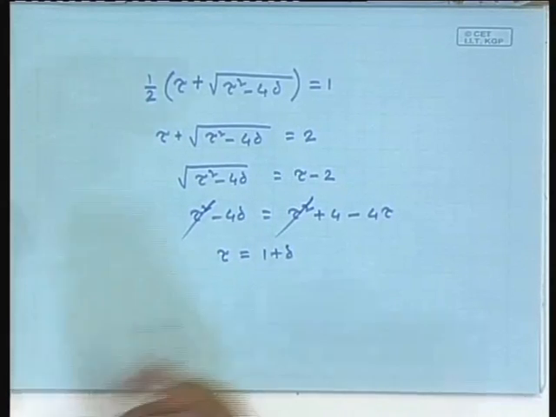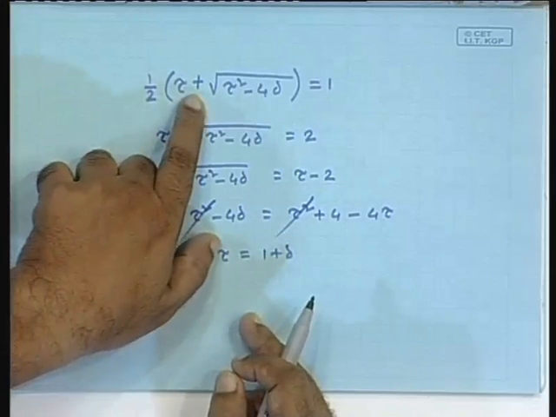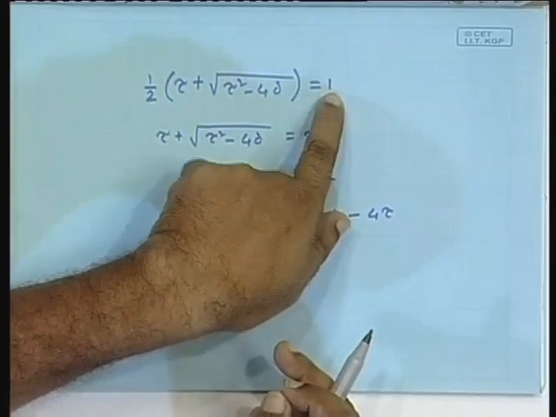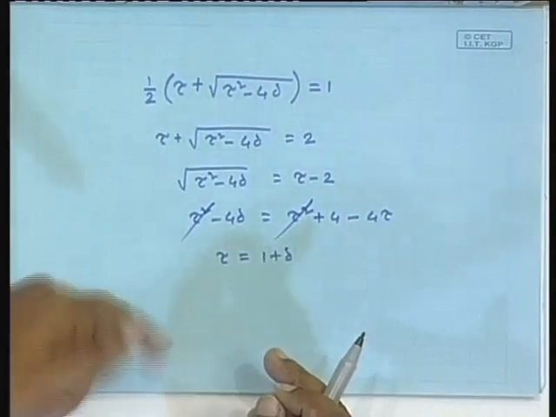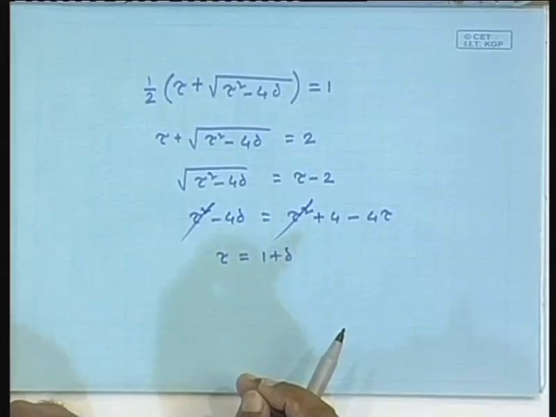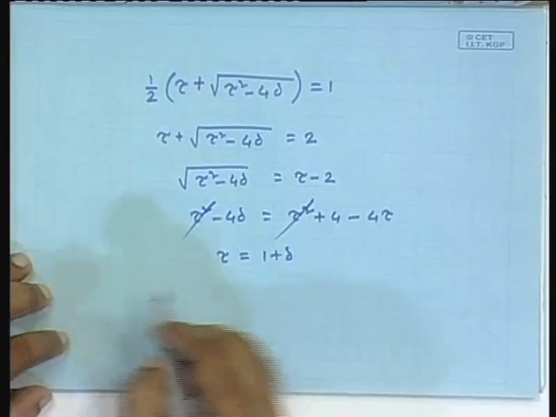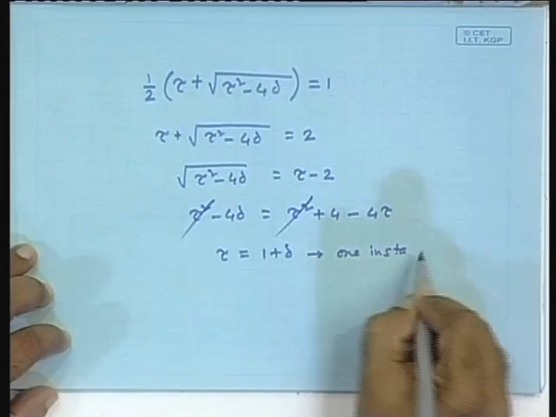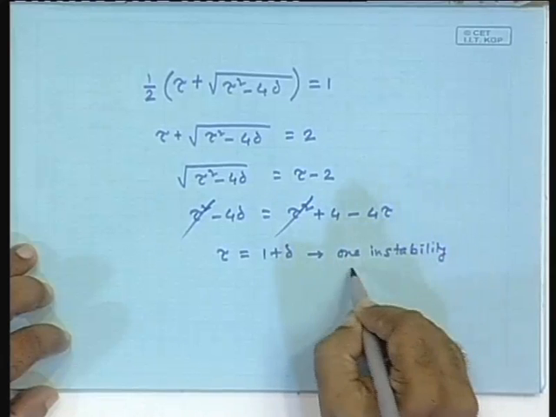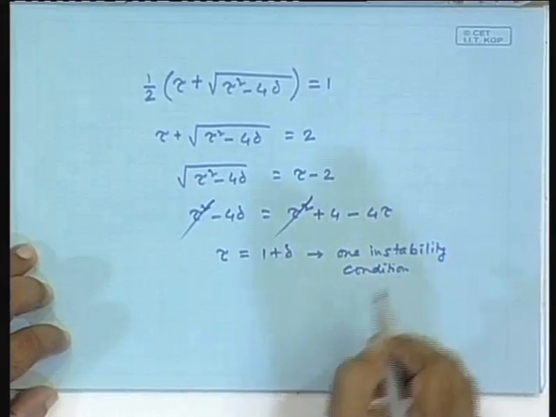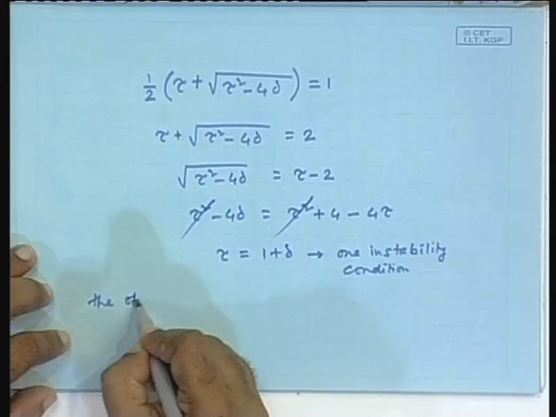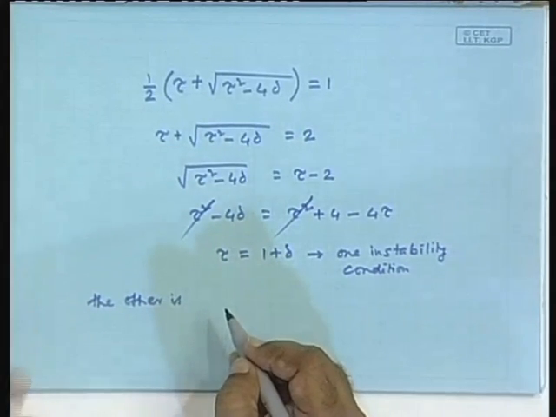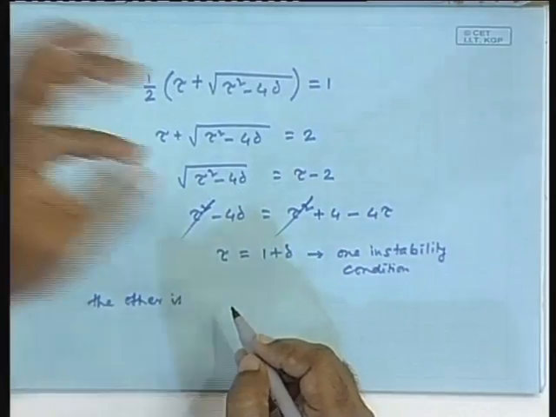Similarly, you can work it out for putting negative here, minus here, and equating it to -1, that is another instability condition. Can you do that and give me the condition? The other condition, so this is one instability, and the other is delta plus tau is equal to -1, but I would like to express it as tau related to delta.